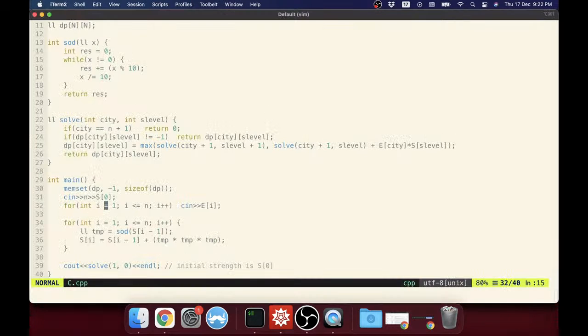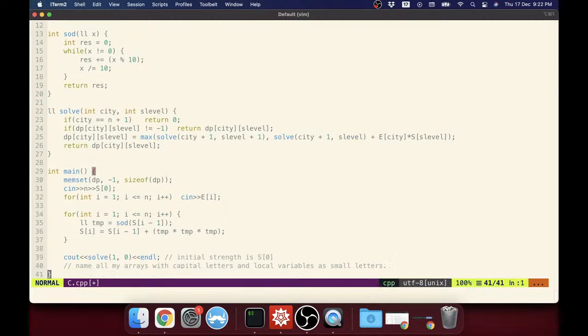One of the things that I like to do is name all my arrays with capital letters and local variables with small letters. Also, use the same function name solve everywhere, or use the name dp everywhere.